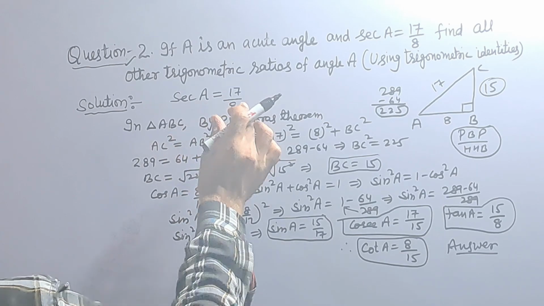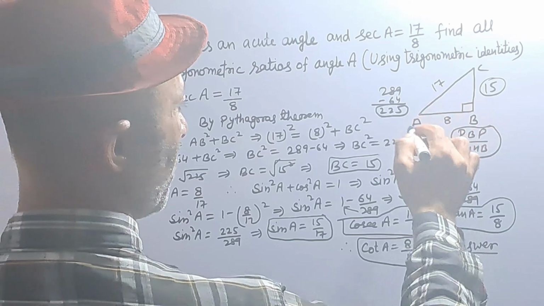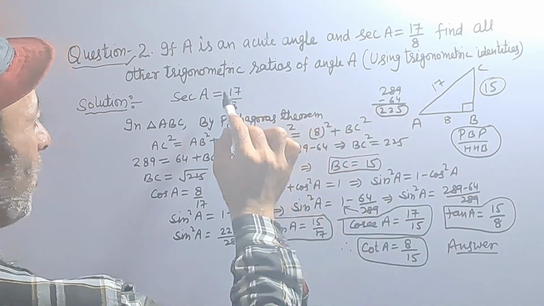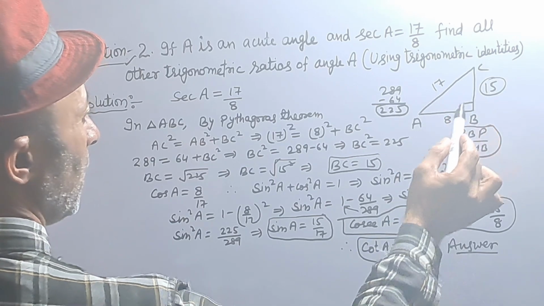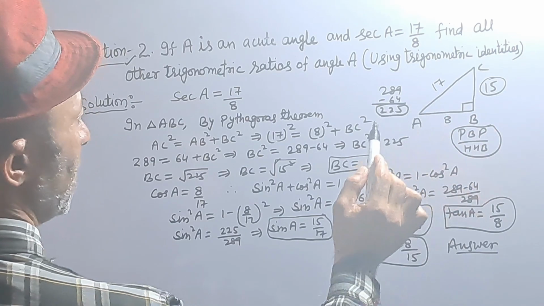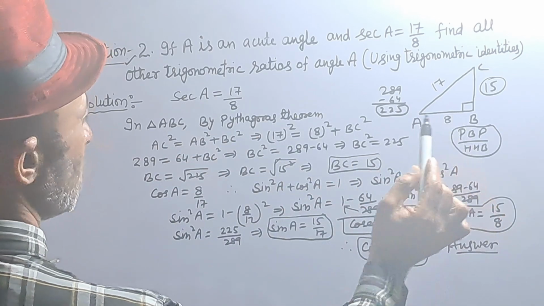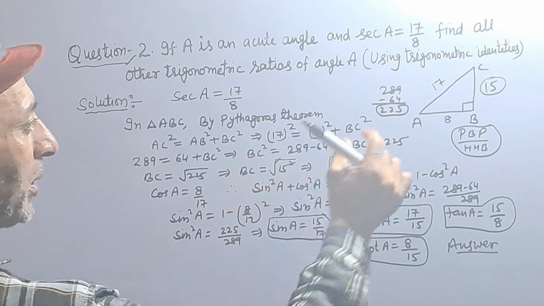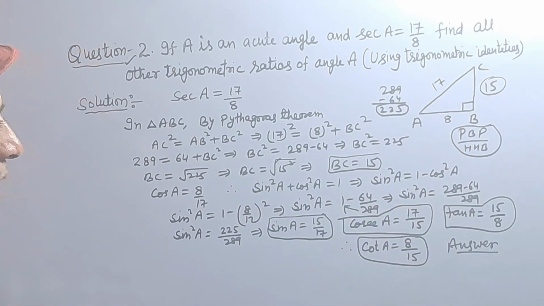Given secant A is equal to 17 upon 8, draw a triangle ABC right angled at B and hypotenuse is equal to 17, base is equal to 8. Secant A is equal to hypotenuse upon base. By Pythagoras theorem, AC square is equal to AB square plus BC square.